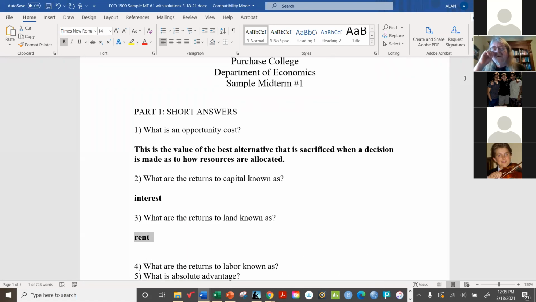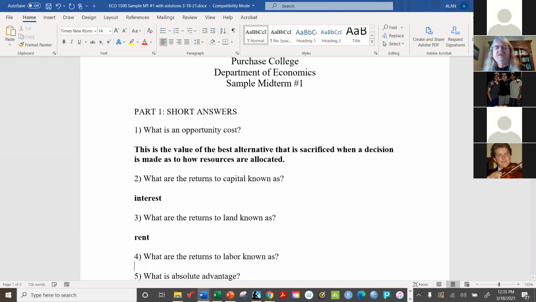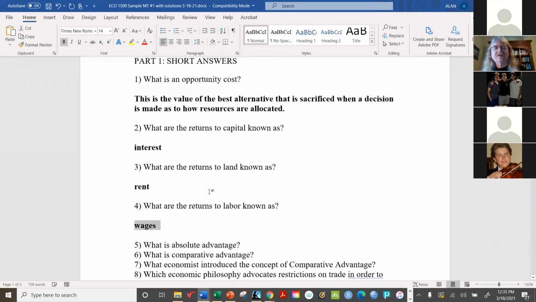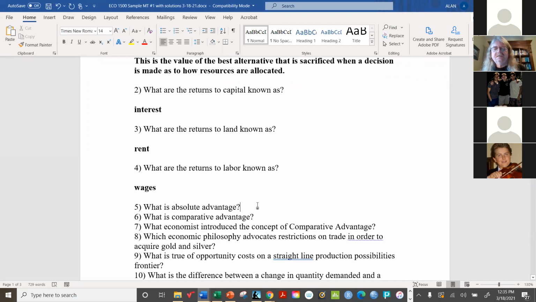Yes, it sounds a little odd to say. Imagine if you were acquiring, let's say, minerals, but the word rent is being used in a very general sense here to mean the returns to the owners of land. And of course, the returns to labor, as you know, are referred to as wages, which you may already have some experience with. Wages, yes, of course.